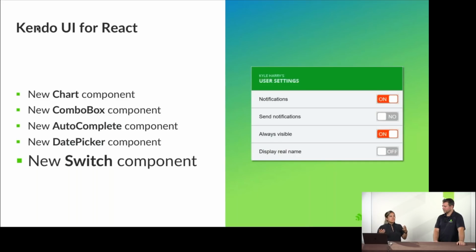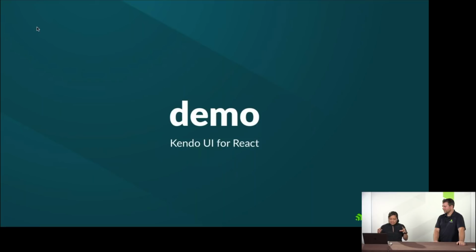So instead of doing a yes or no drop down, or maybe doing a radio button, you have this nice switch, and you can customize the labels to whatever you want it to be, true, false, yes, no, which just helps with the feeling of filling out a form. So don't disregard the switch. It also has keyboard navigation, which is nice. So I would like to jump into a quick demo of the DatePicker.